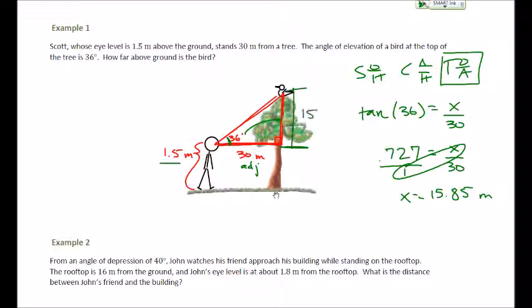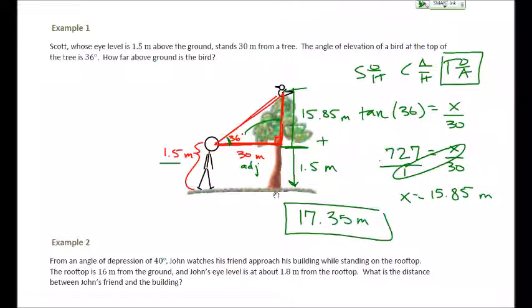It's 15.85 meters, and it doesn't tell me how precise I need to be. And I know that from the eye level down is 1.5 meters. So if I add these together, I find that the bird is about 17.35 meters above ground.